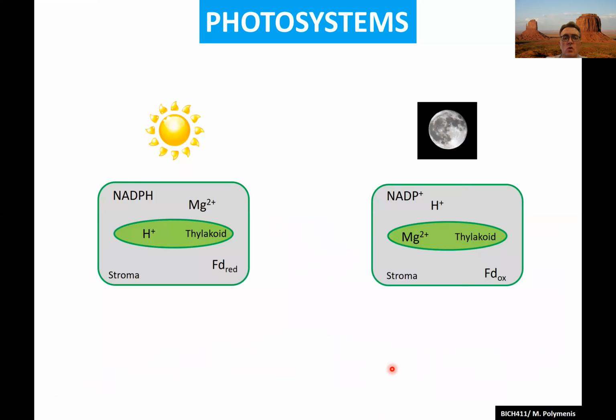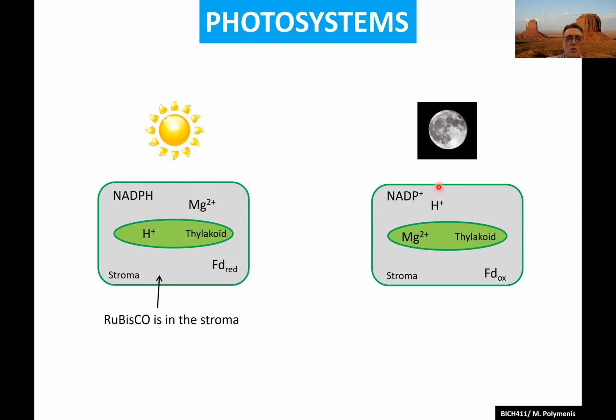Right. So really, the thylakoid during the day has a lot of protons inside, and it turns out that the magnesium is outside, in the stroma. At night, the thylakoid is somewhat leaky, so things don't stay super tight forever. After a while, magnesium comes in and protons go out, at night.